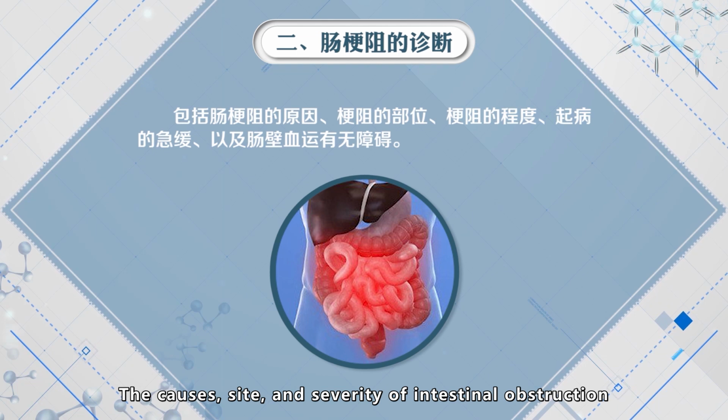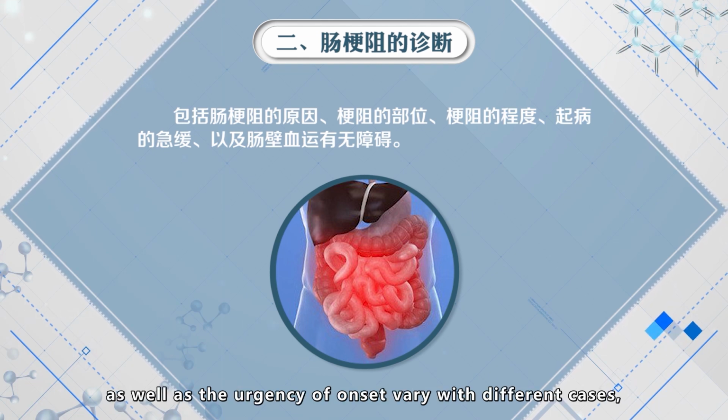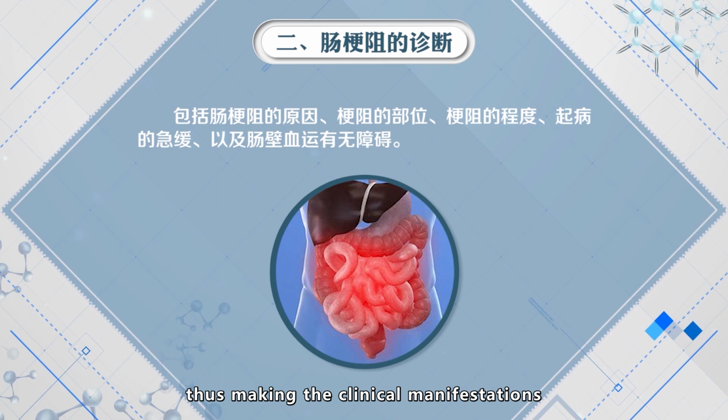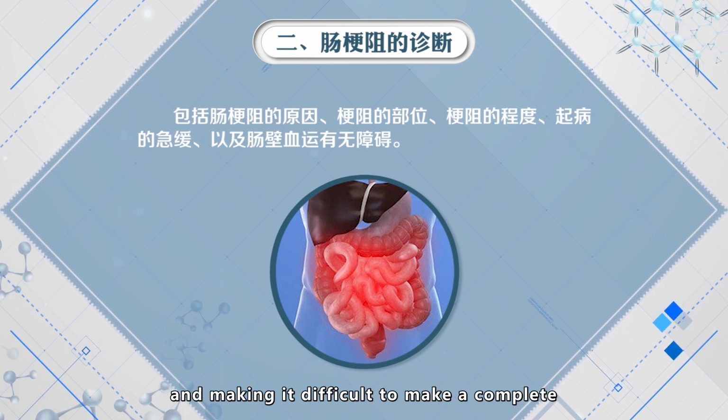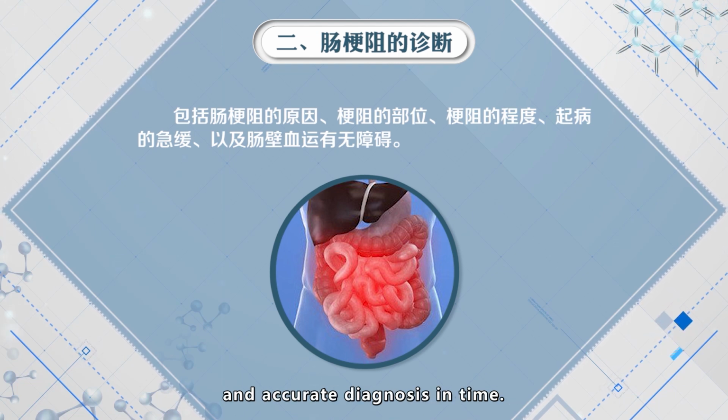The causes, site, and severity of intestinal obstruction, as well as the urgency of onset, vary with different cases, thus making the clinical manifestation of intestinal obstruction complex and variable, and making it difficult to make a complete and accurate diagnosis in time.